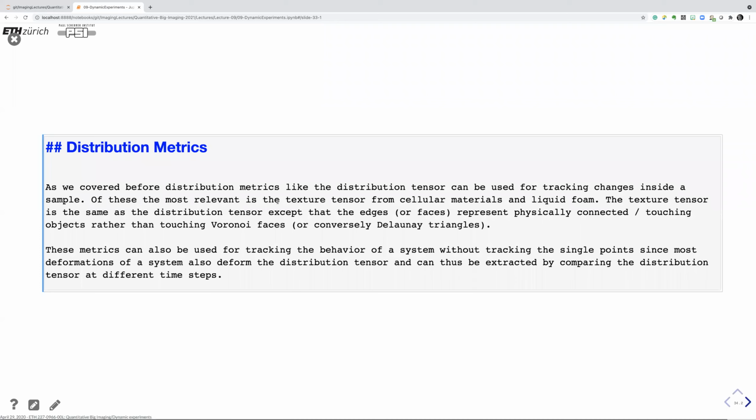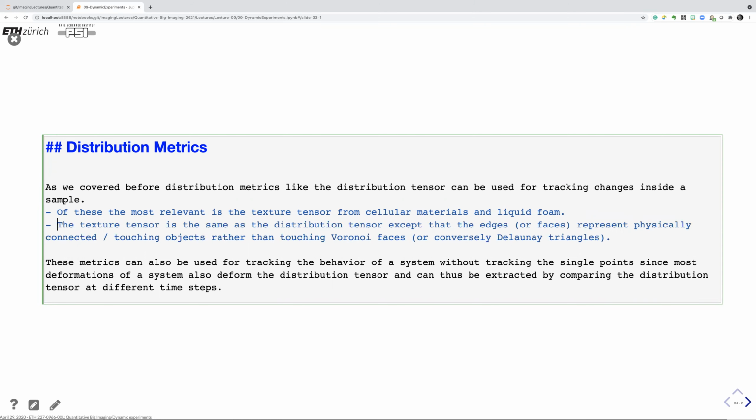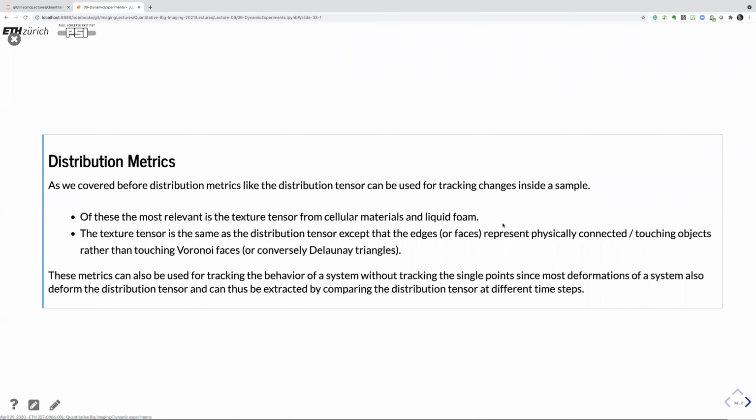So now it's a little bit easier to look at it.